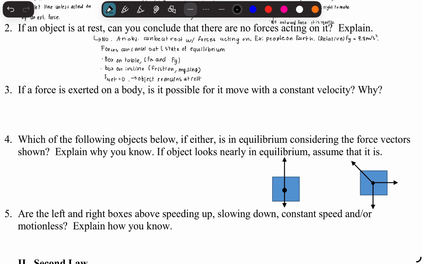If a force is exerted on a body, is it possible for it to move with constant velocity, and why? The answer is yes, if the net force is 0. When the net force is 0, it is going to continue, and nothing will change its acceleration.